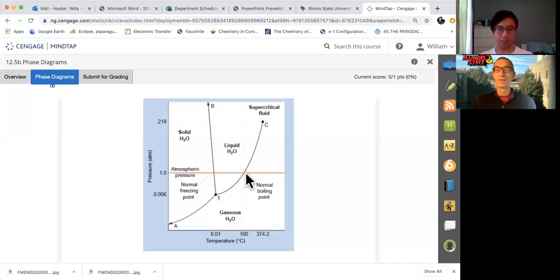And this is the boiling point line, the normal boiling point. This line from this T up to C is what happens to the boiling point of water when we change the pressure on the surface of that water.